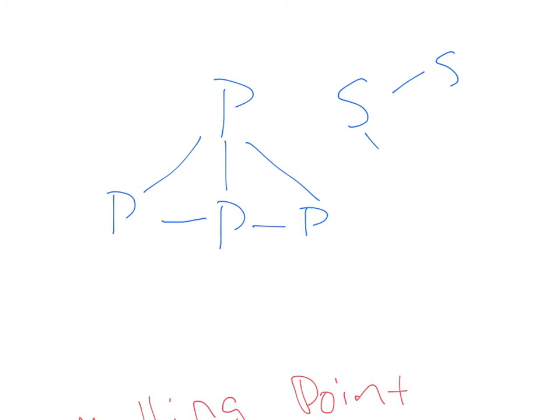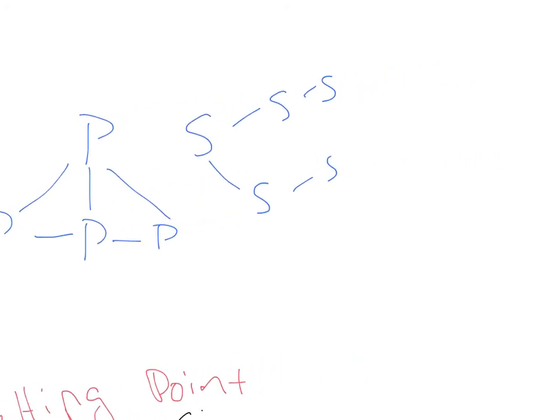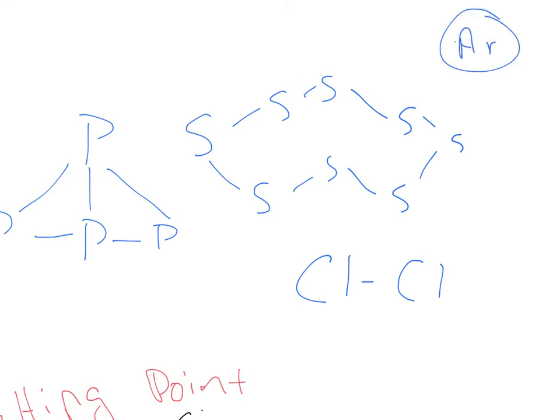That's why sulfur tends to have a slightly higher melting point than phosphorus, because it's a bit bigger and there are inherent forces in that. Chlorine is just a diatomic, so Cl2. And then argon is just a lone atom, all by itself. So you see the melting points change over time.